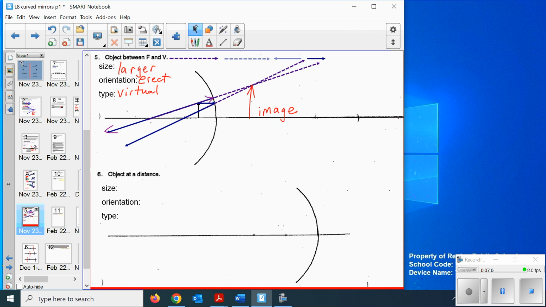Back to this. Okay, now any rays that come in parallel. What's the rule on a converging mirror? Parallel rays focus. The thing is, they all do.